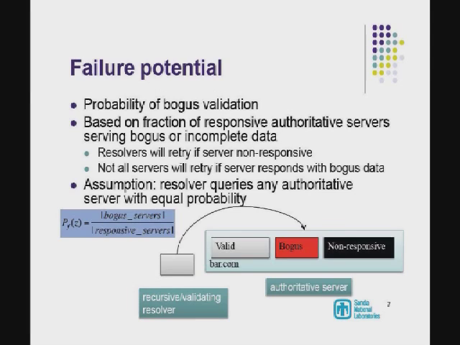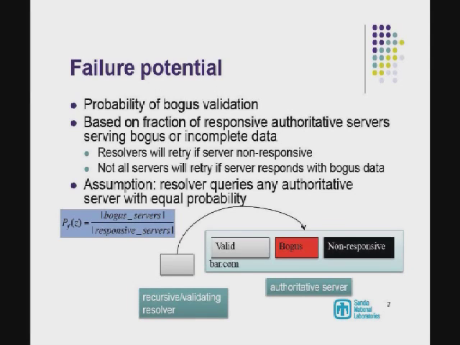Okay, so looking at that, I should mention that this can be problematic for a couple of different reasons. We have some pretty smart resolvers out there doing validation, and I know BIND and I believe Unbound as well will try other servers if they get an invalid result from one of them, which is good, but there are certain cases where that may not help.